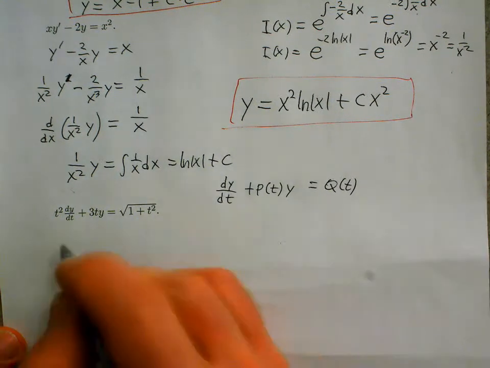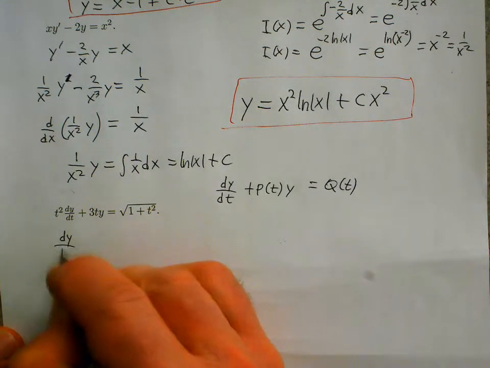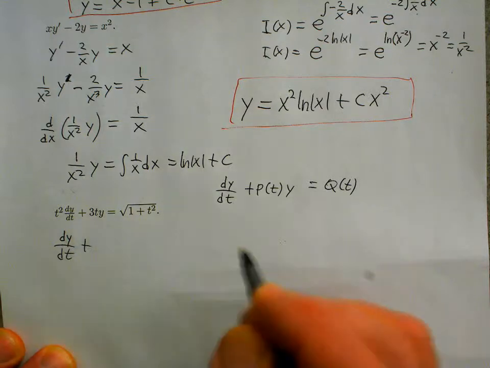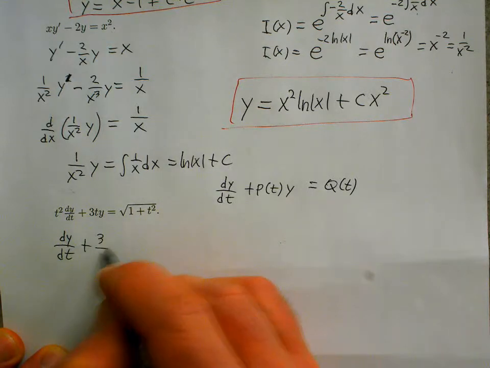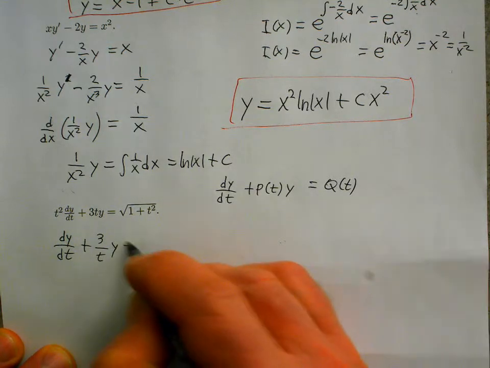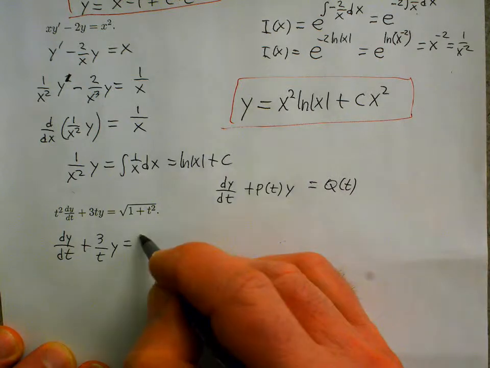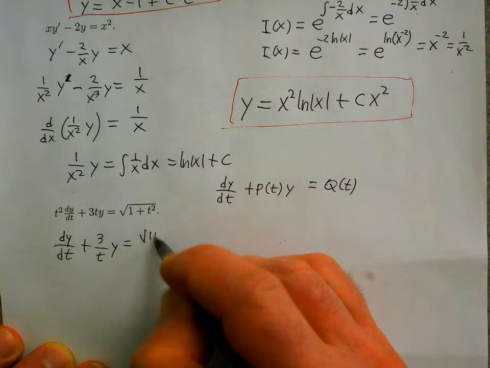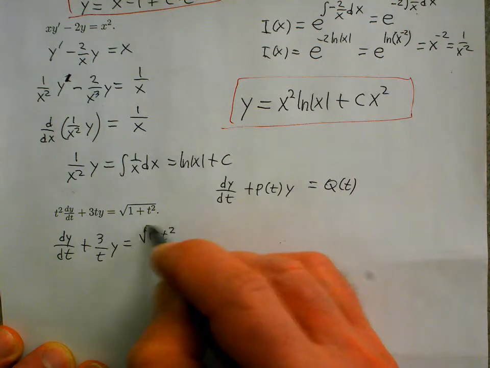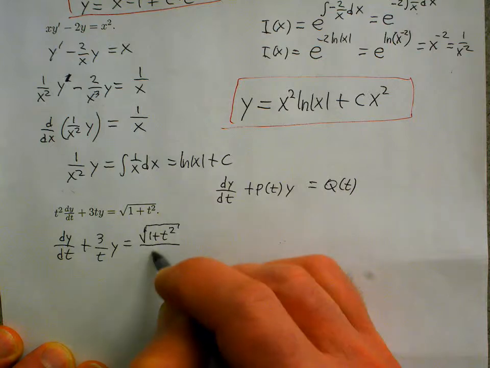So when we do that, we get dy/dt plus 3 over t times y equals the square root of 1 plus t to the second over t to the second.